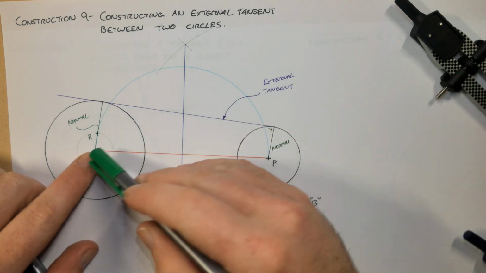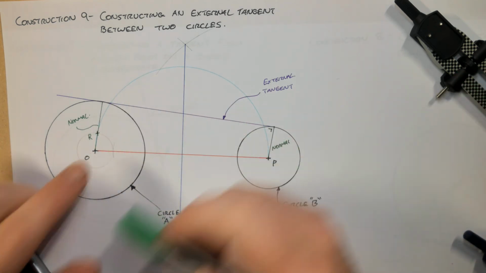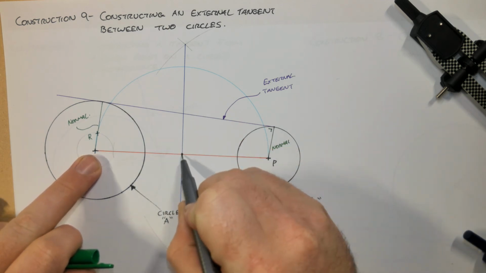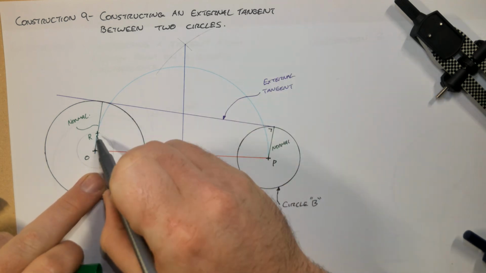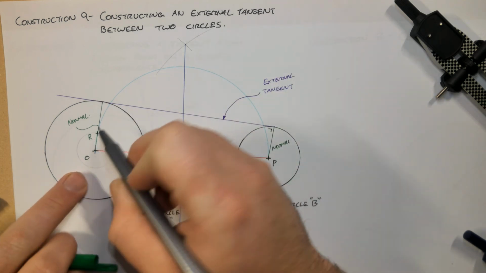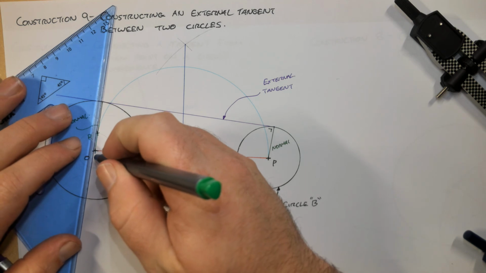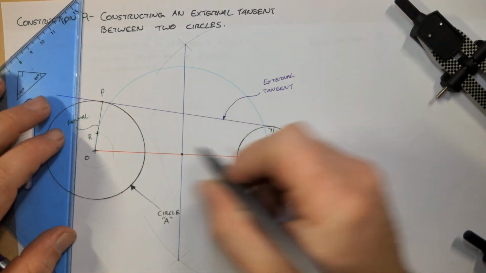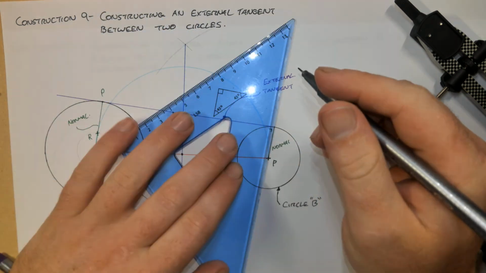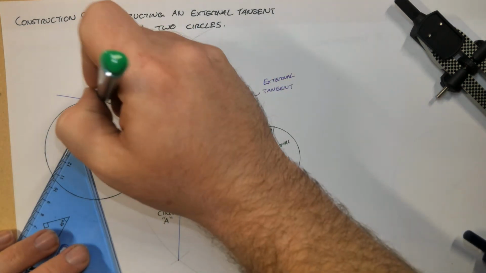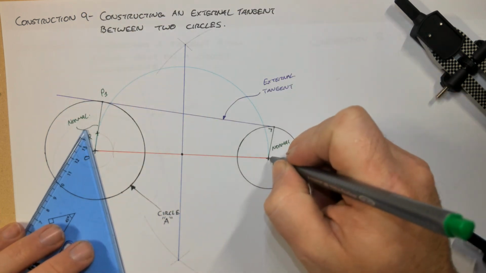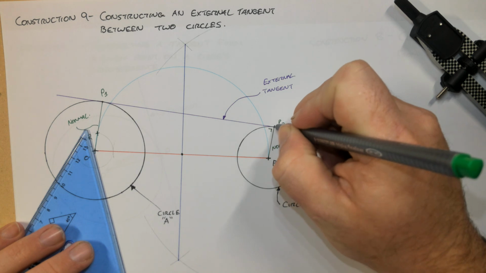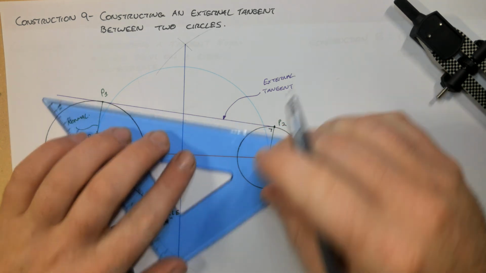Then we swing an arc from the center here, using O to that center point as our radius, and where it cuts our circle C, it will give us point R. If we extend our center point through that, we will find our point of contact here, and if we come parallel to that from my original center point, I'm going to call that P1 actually, I will find P2, just here. Join them back up and we have our external tangent.